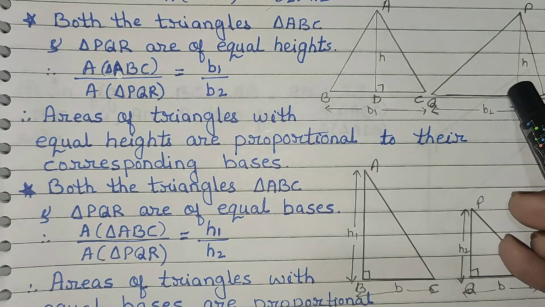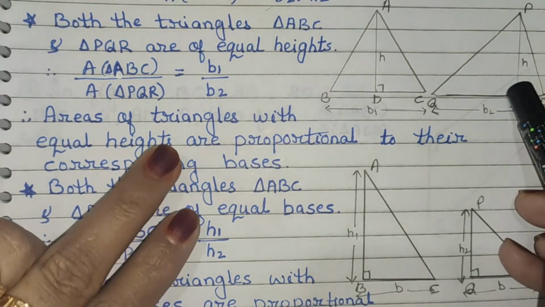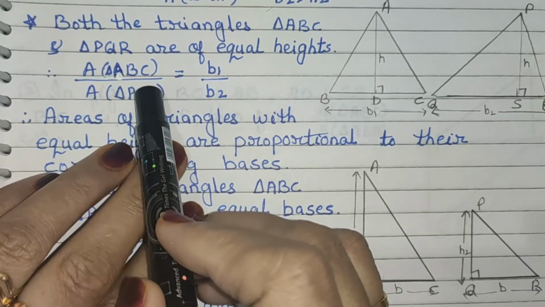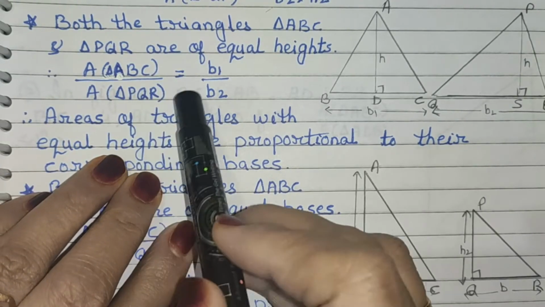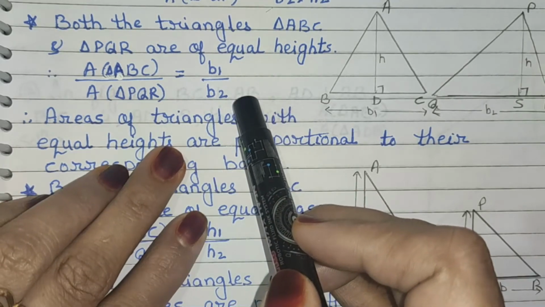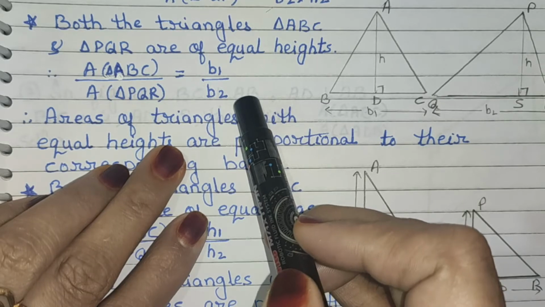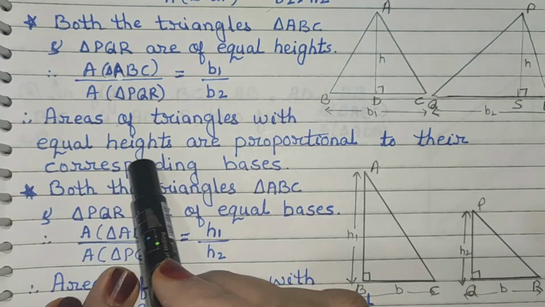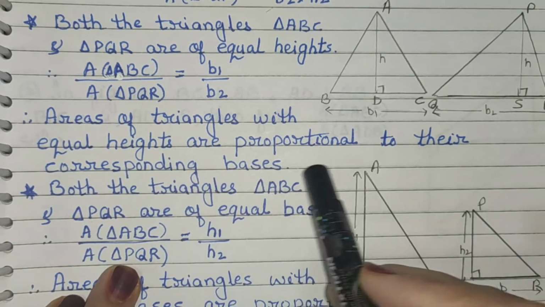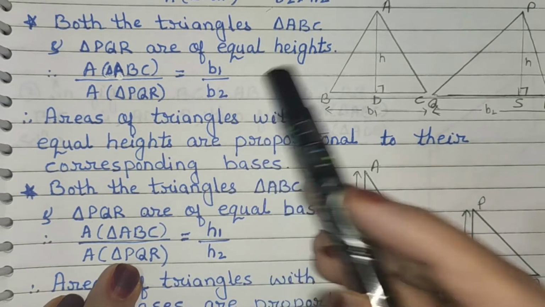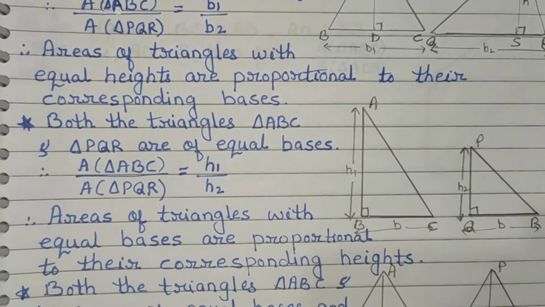Therefore we can write here area of triangle ABC upon area of triangle PQR is equal to B1 upon B2, because here heights are equal, therefore it is cancelled. Therefore areas of triangles with equal heights are proportional to their corresponding bases.